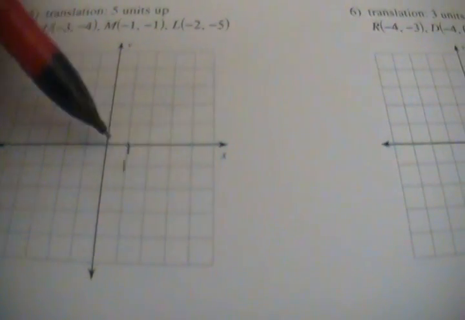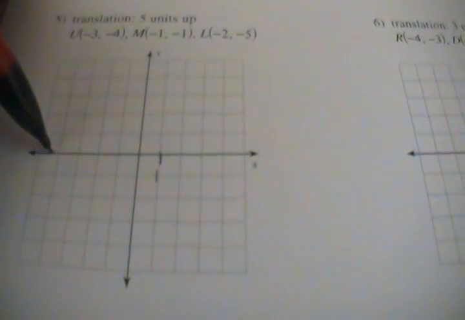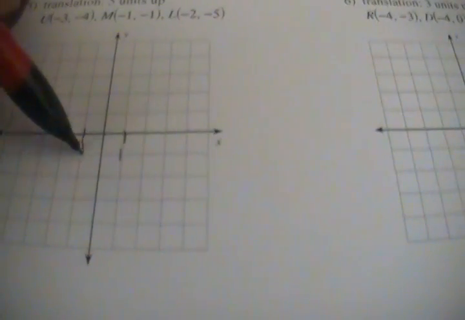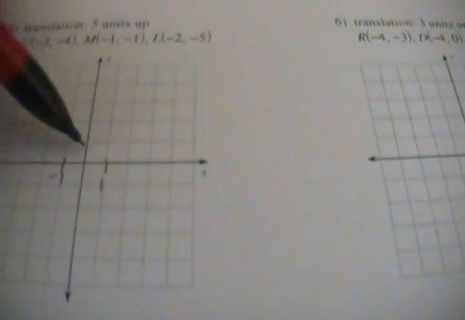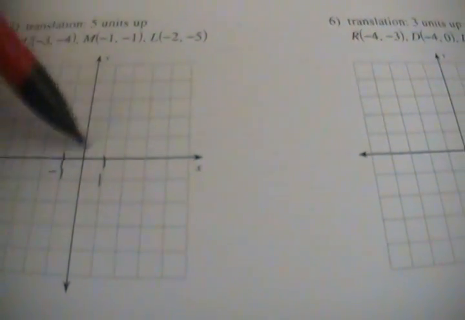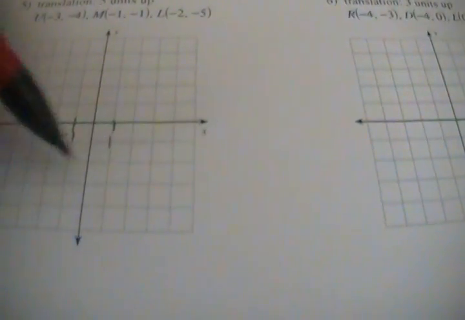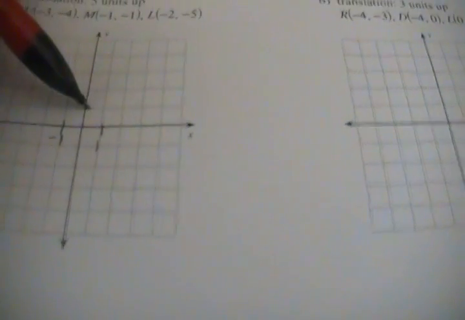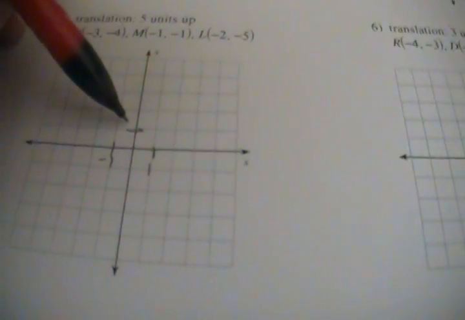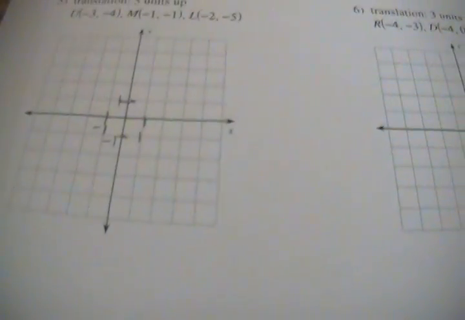So anything to the right of the y-axis is positive, and anything to the left is negative. So right here would be something like -1, right? And then with the y-axis, anything above the x-axis is positive. Anything below is going to be negative. So here would be, say, positive 1, and here would be negative 1. Okay?